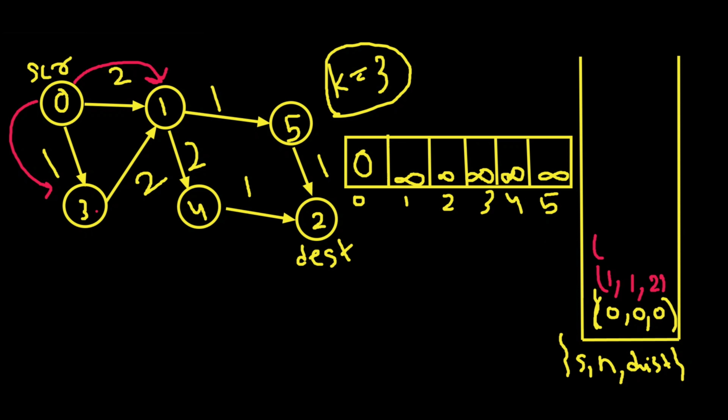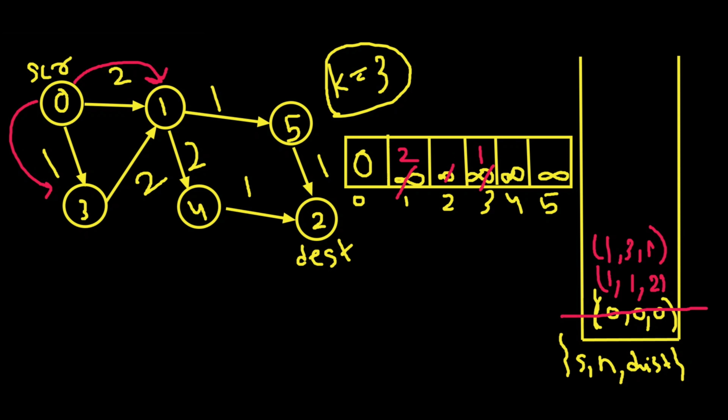And now we are taking 3. From 0 to 3 the cost is 1, and it is node 3, and we take only one stop. Now update the distances: from 0 to 1 we take distance 2, and from 0 to 3 we take distance 1.